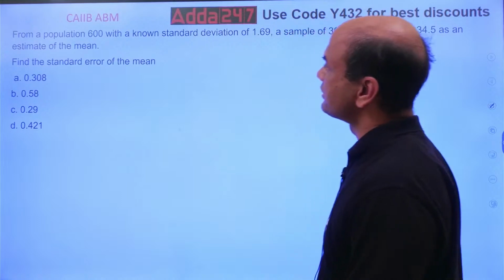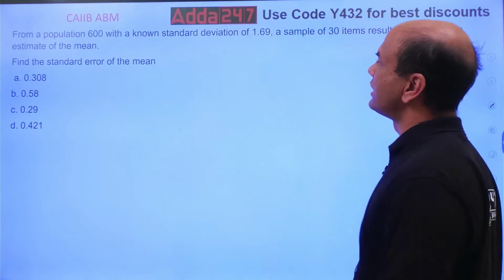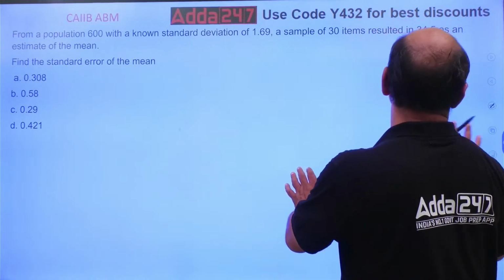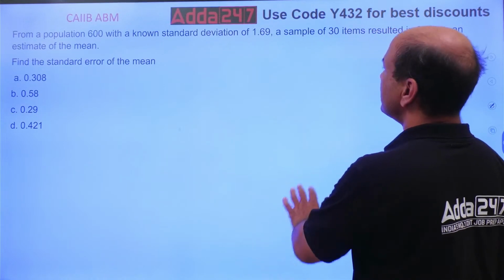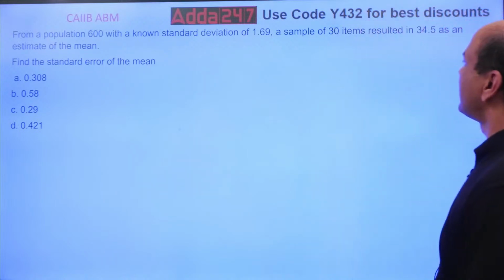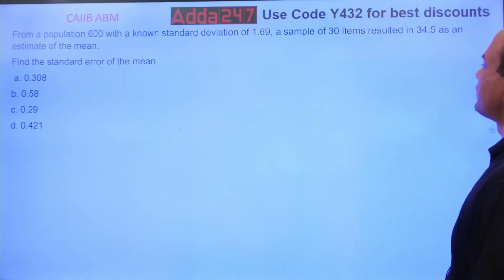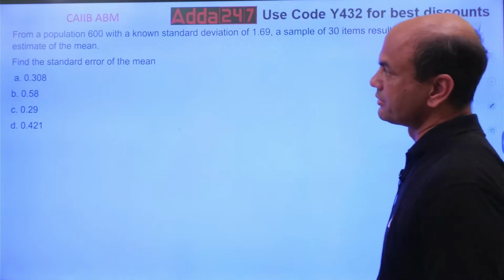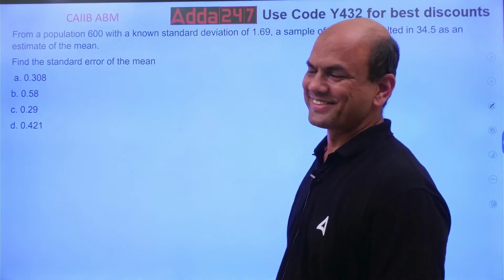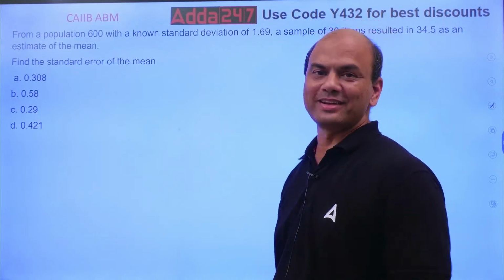From a population of 600 with known standard deviation of 1.69, a sample of 30 items resulted in 34.5 as an estimate of mean. Find the standard error. Numerical.